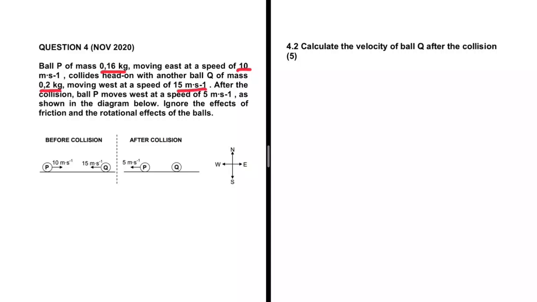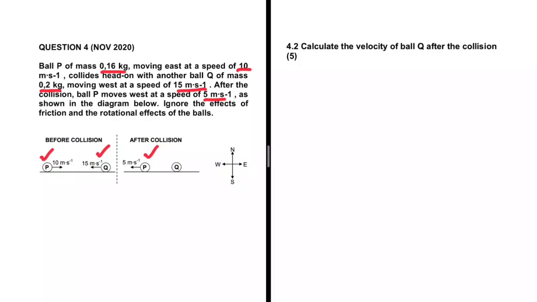We can clearly see that from our sketch before the collision. After the collision, ball P moves west at a speed of 5 meters per second, as shown in the diagram below. We can clearly see that. Ignore the effects of friction and the rotational effects of the ball.